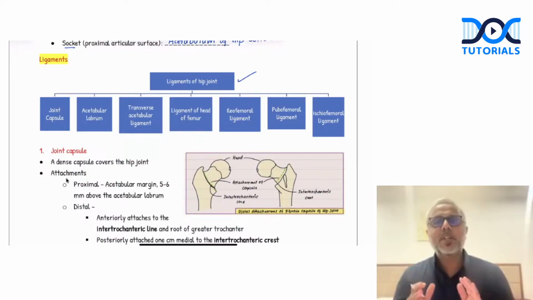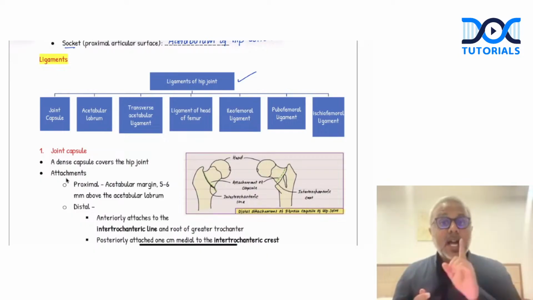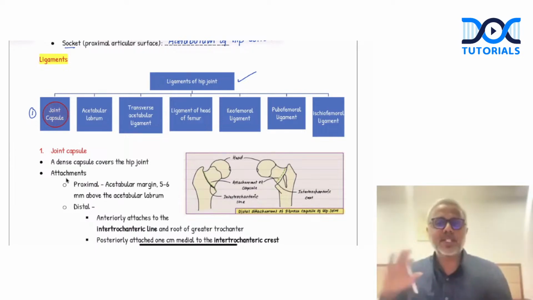We are discussing the hip joint, but if the question was on the shoulder joint or the knee joint, this is the first thing we need to do. List all the ligaments together and always start with the joint capsule, and then list the other ligaments in order.